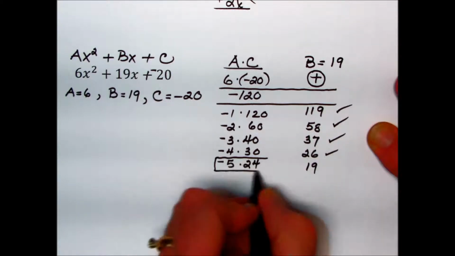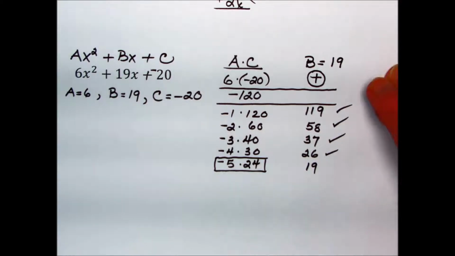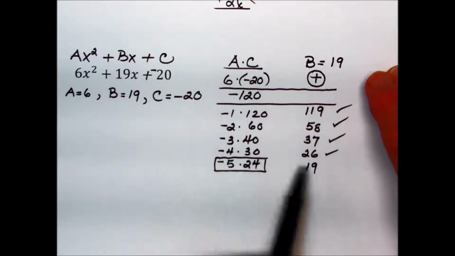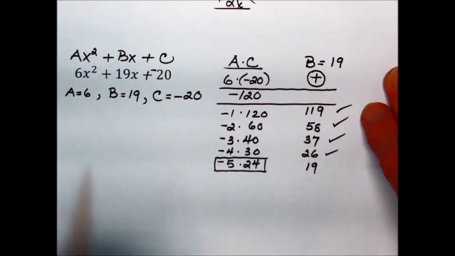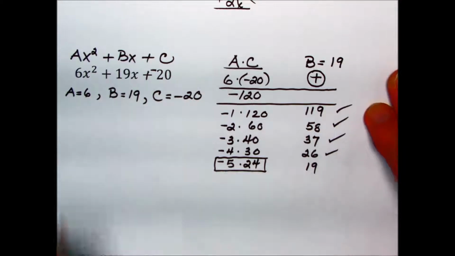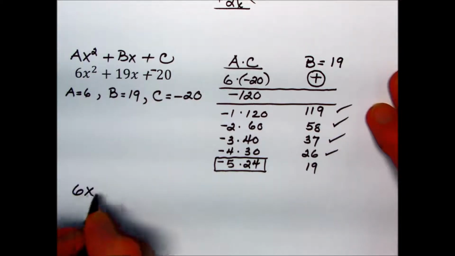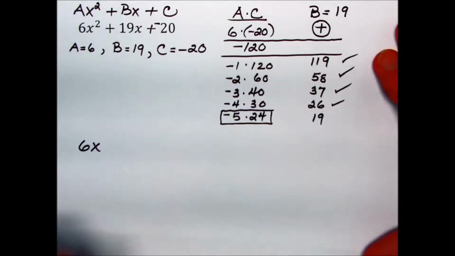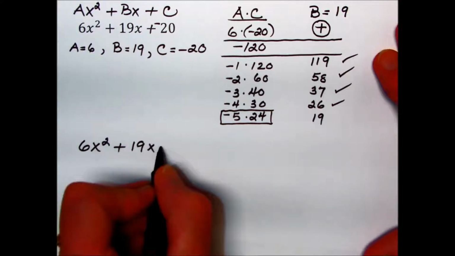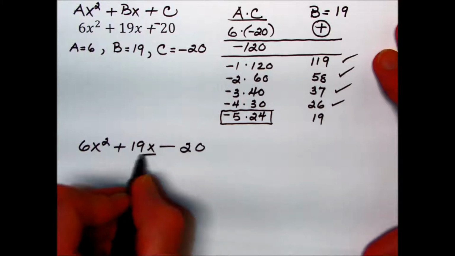We have the pair that are the factors of negative 120, when added, give us the 19. So the next step is step 3: rewrite the trinomial middle term in terms of these factors. So here's the original trinomial. It is 6x squared plus 19x minus 20.